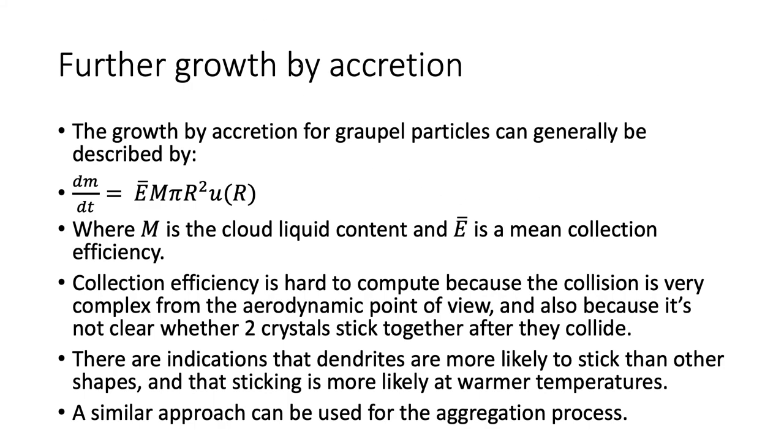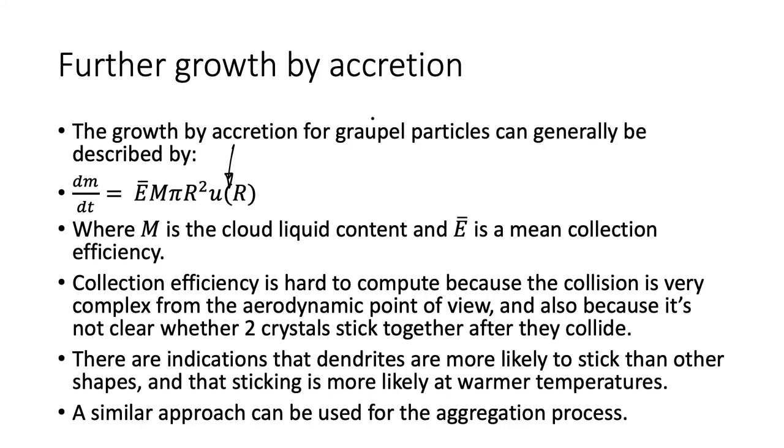Having said that, we can use similar formula to what we used for the cloud, for collision and coalescence processes. If you remember, this is very similar to what we used. This is where you would want to use these empirical formula depending on what habit you want to consider.